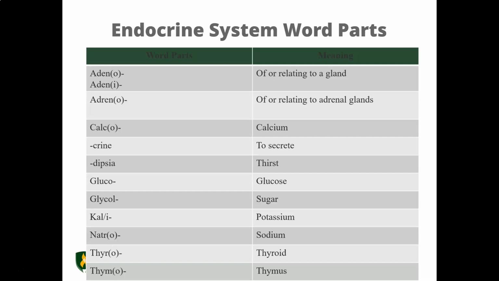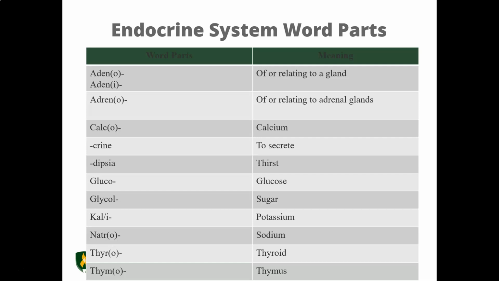The suffix dipsia means thirst. The word part glyco means glucose, as well as glycol, which is sugar, and sugar is just another form of glucose. Kali is potassium. Natro is sodium. Thyroid is thyroid. And thymo is your thymus.